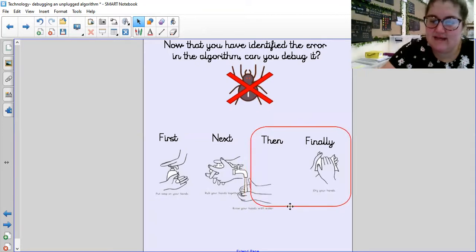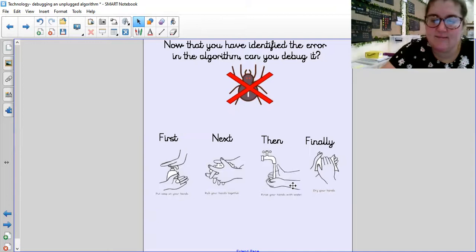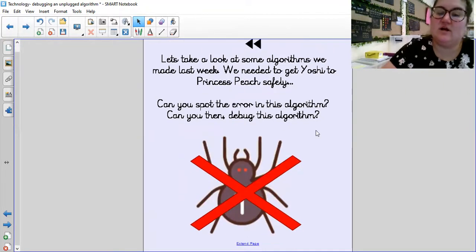So I've been able to debug the algorithm. Let's get rid of that because I don't need to identify the mistake anymore, because firstly, I put some soap on my hands, then I rub my hands together, then I rinse my hands with water, and finally I dry them. So I've managed to debug the algorithm. I've fixed it, okay? So let's take a look at some algorithms we made last week.